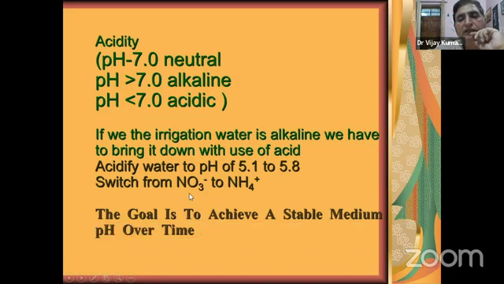If the irrigation water is alkaline, we have to bring it down and use acid. And in case of alkalinity of water, we should go for ammoniacal application of nitrogen, not nitrate. The main goal is to achieve a stable medium pH over time.